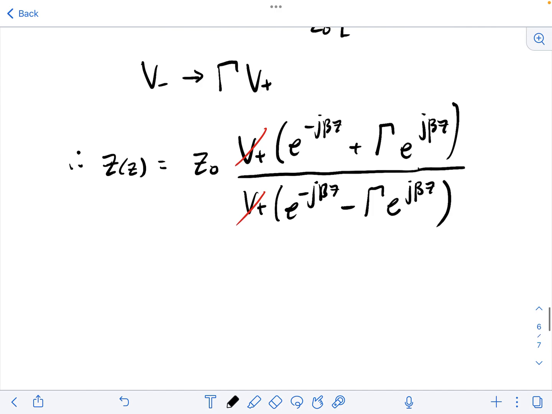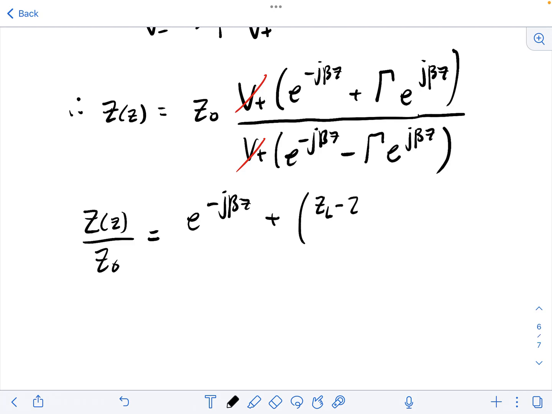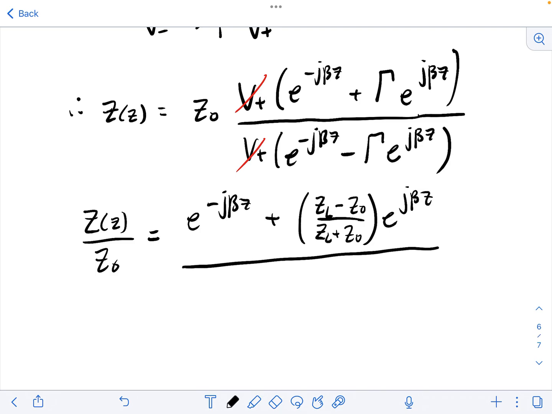I'll write this as the impedance at position Z divided by Z naught, and that's going to be equal to e to the minus j beta z plus, and then our reflection coefficient is ZL minus Z naught over ZL plus Z naught, and then e to the plus j beta z. And then the denominator looks the same, except there's a minus sign between the two terms.